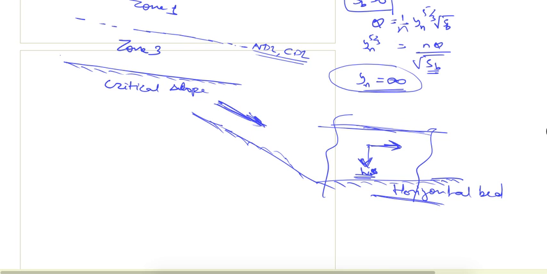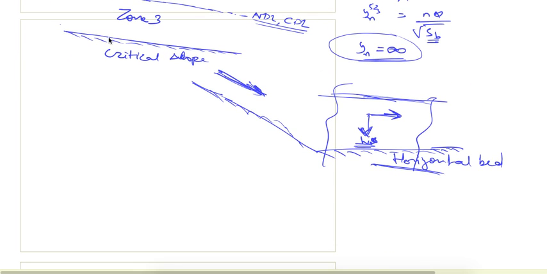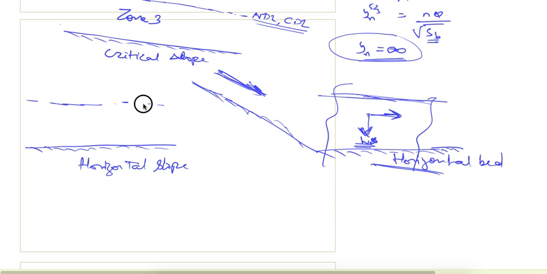So for this, if we want to define the slope, this is the horizontal slope. In this case, CDL is here, and we don't know where the NDL will be. It is coming out to be somewhere at a very high distance, so we don't know where it is.